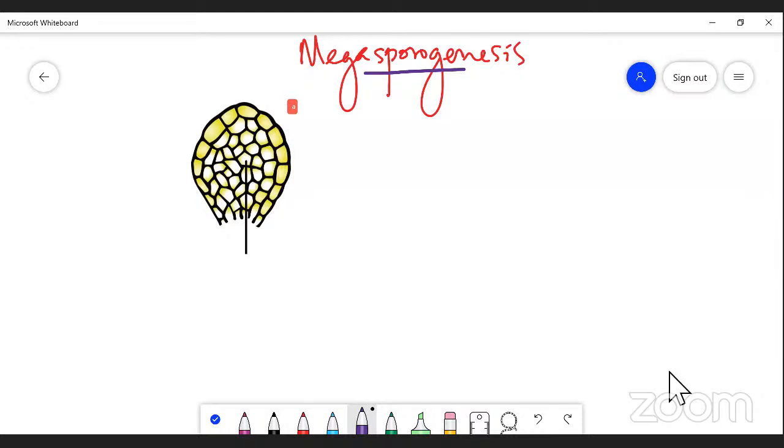Megasporogenesis is nothing but a process by which the archisporial cell produces the megaspore mother cell. Simply, it is the formation of the megaspore mother cell. And again, this megaspore mother cell undergoes meiosis cell division to form megaspore.